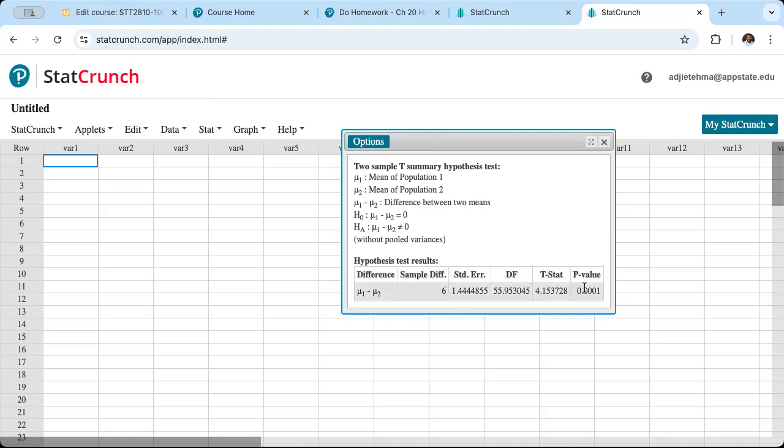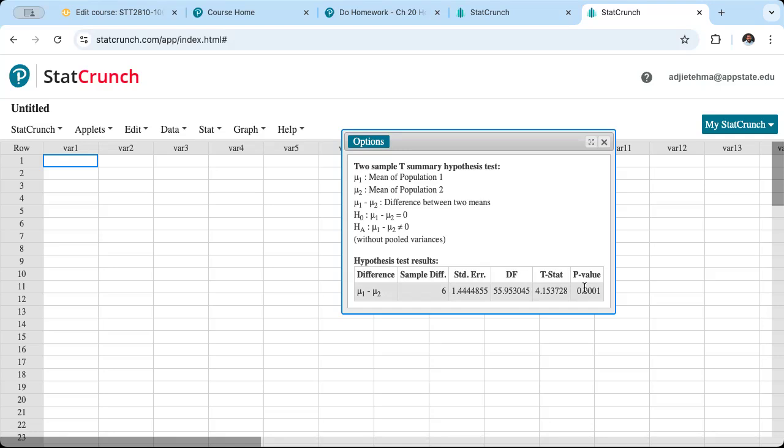We reject the null hypothesis. So since the p-value is small, we reject the null hypothesis, and then we conclude that there is sufficient evidence that there is a difference between the mean pulse rate between smokers and non-smokers. So this is how to implement the two-mean t-test.